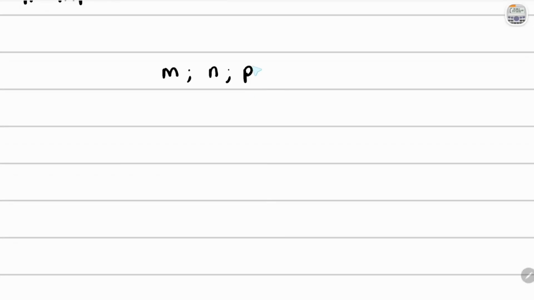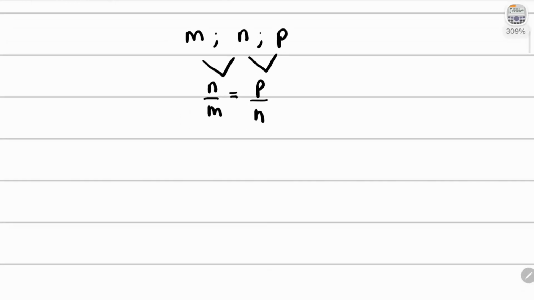That means the third term divided by the second term, p over n, should be equal to the second term divided by the first term, n over m, since these represent the common ratio.